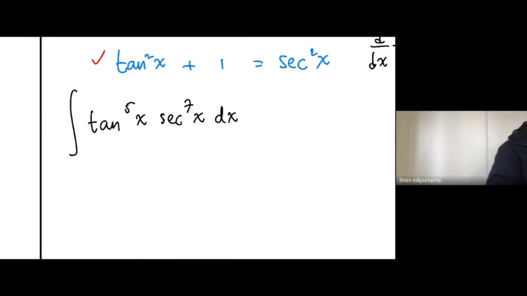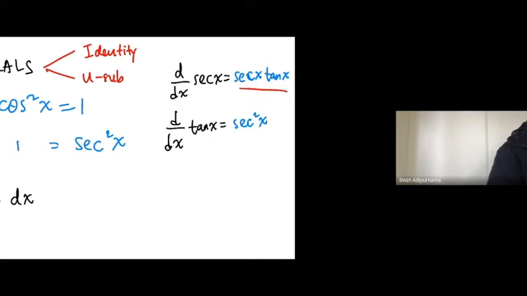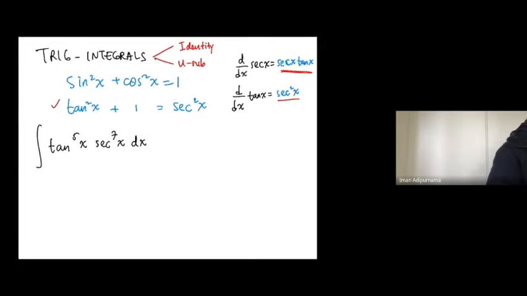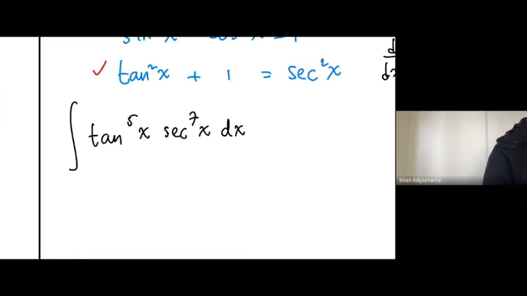We can separate and make this become secant tangent or secant squared, okay? But you see that we have odd 5, 7. So I think if we can make tangent and secant separate, and the other one become even, right?